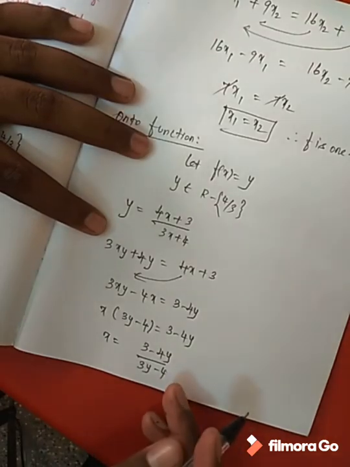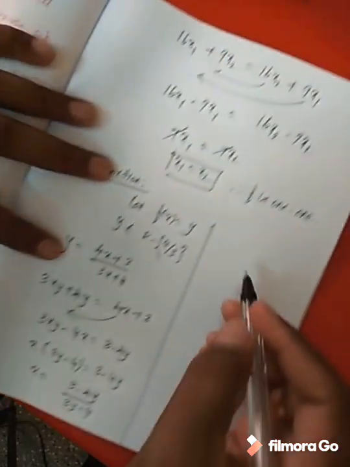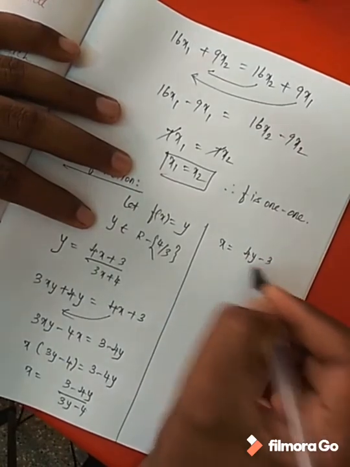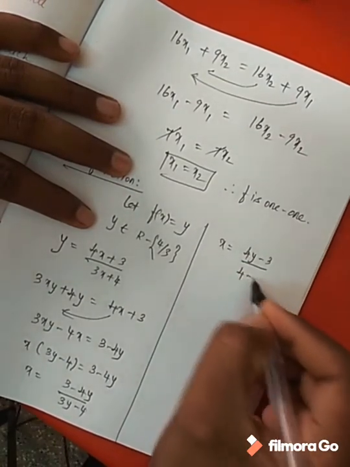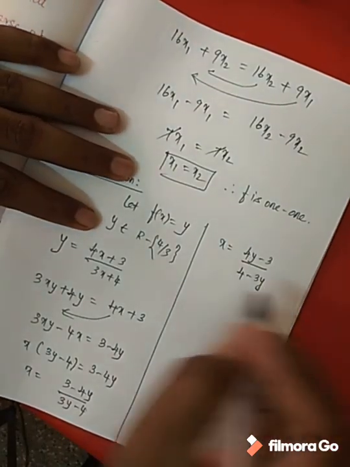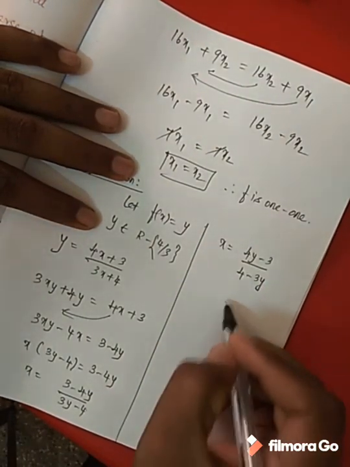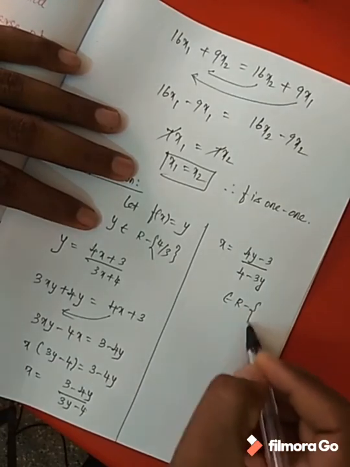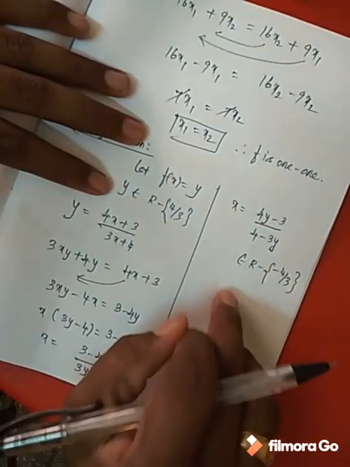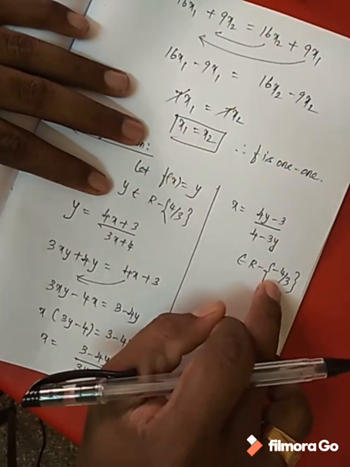If I take one minus from numerator and denominator, it becomes x is equal to (4y minus 3) by (4 minus 3y), right? This x value belongs to the domain, so only we are writing R minus {-4/3}.